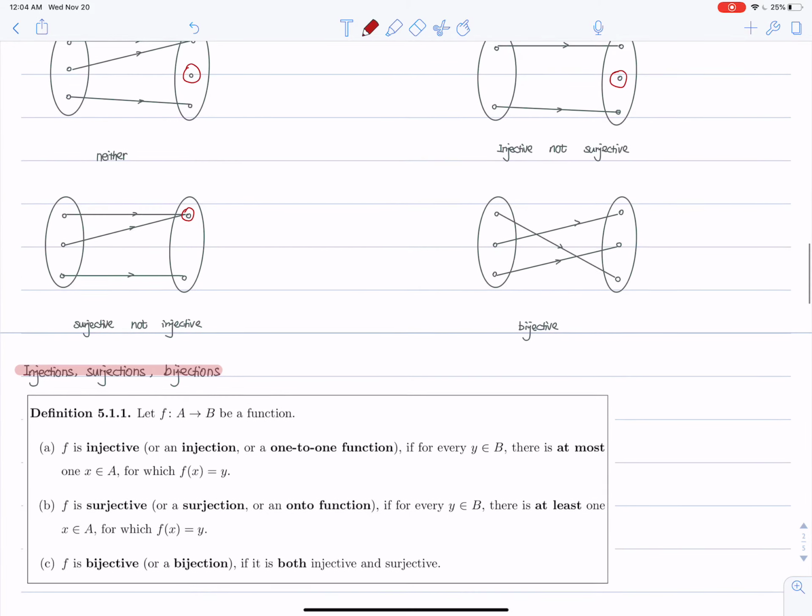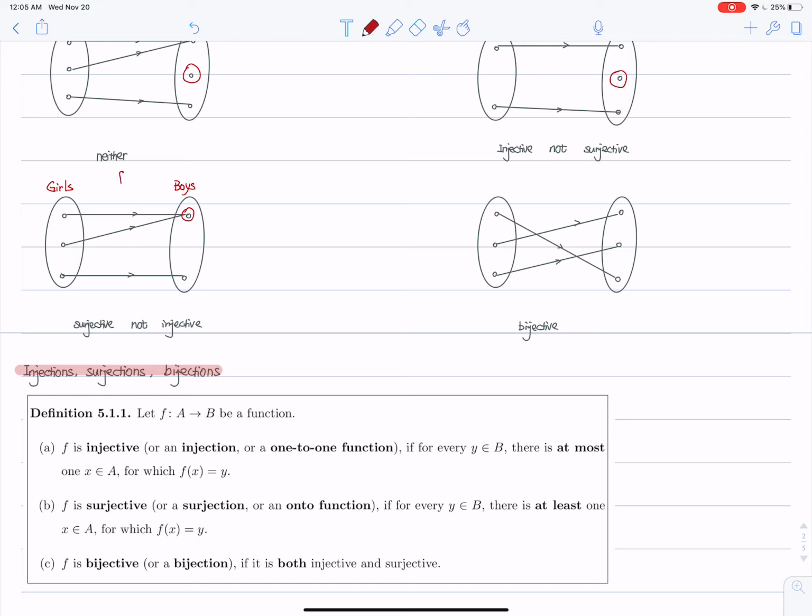Let's say those are wives, and this is like husbands. Let's say that your wives are your domain, and husbands are the codomain. Or, this is like girls, this is boys, and they want to date.